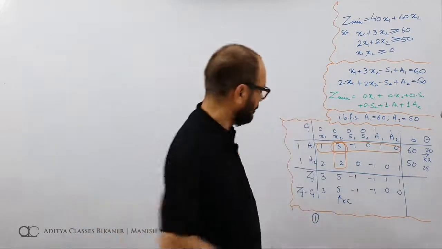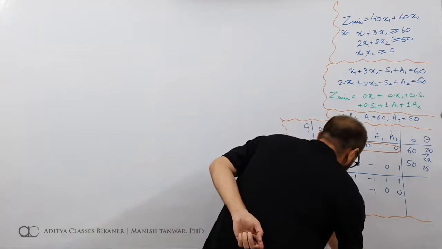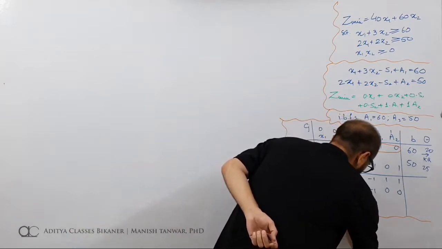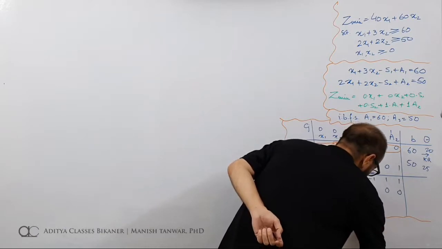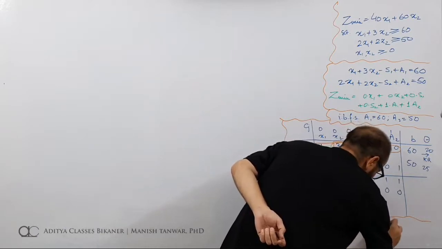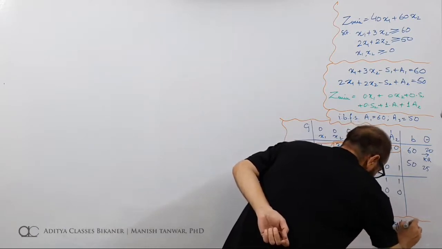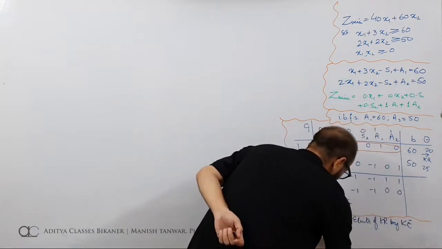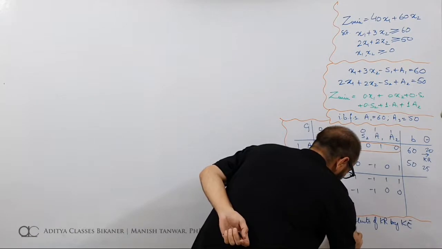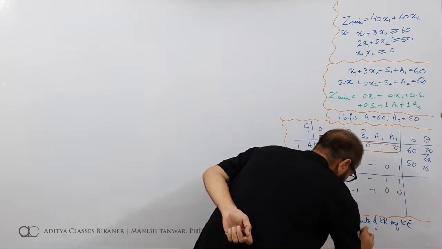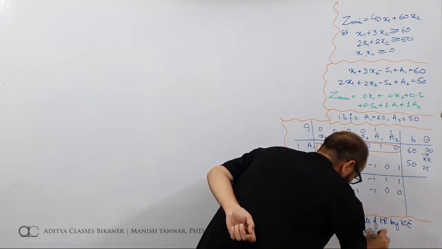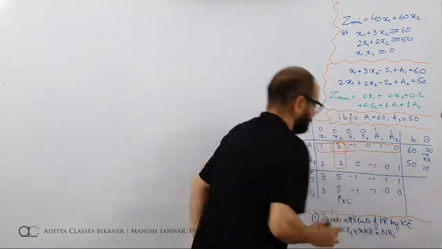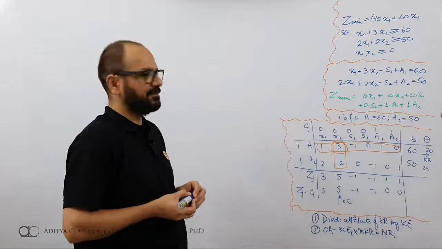First rule is for key rows, which is divide all elements of key row by key element. And second rule is old row I minus key column element I multiplied by modified key row is equal to new row I. We'll make use of these two rules.